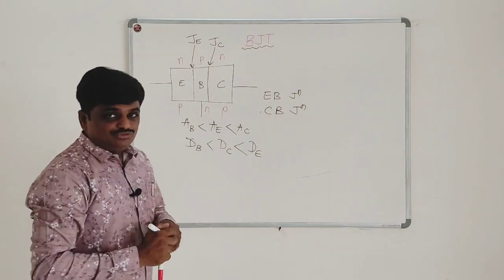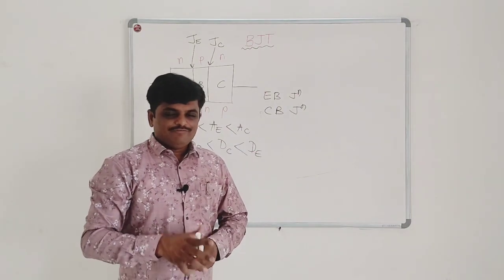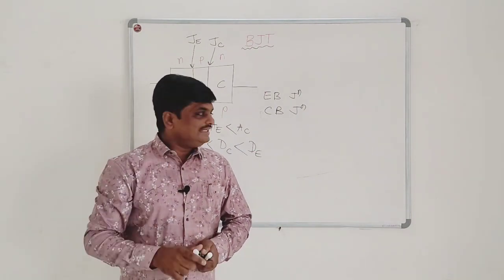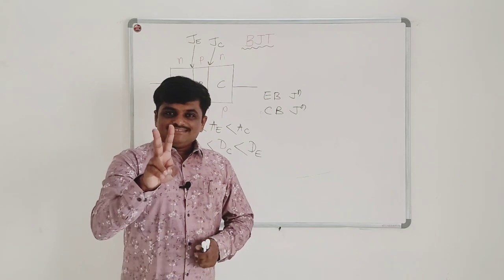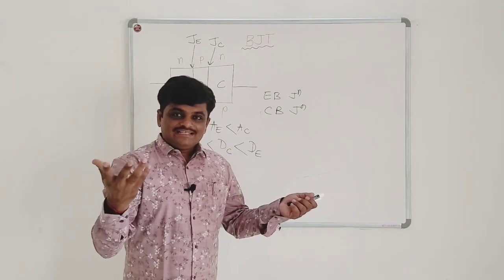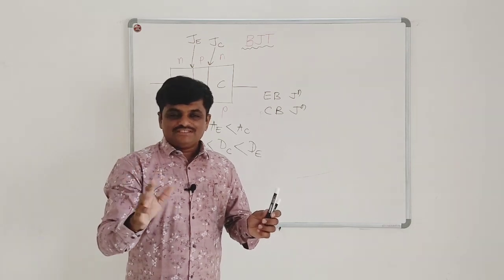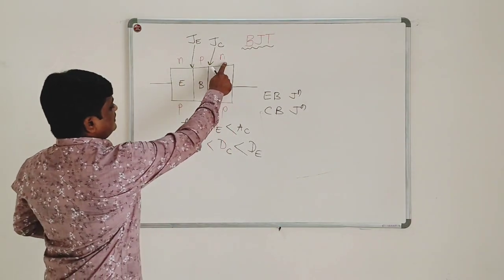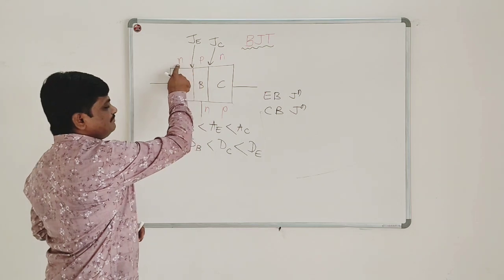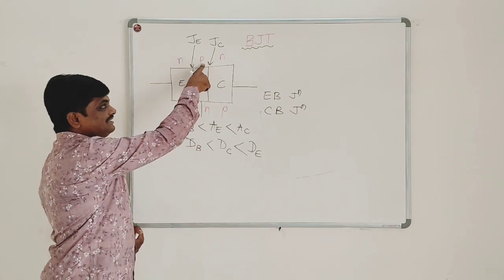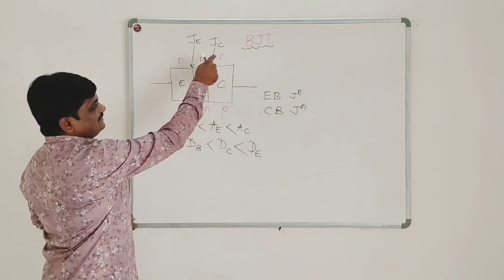As there are two PN junctions in transistor, and one PN junction corresponds to one diode, we can say that there are two diodes in a transistor. It is just an analogy. N type material means cathode, P type material means anode, again anode, cathode.